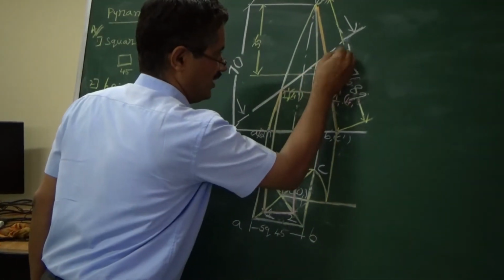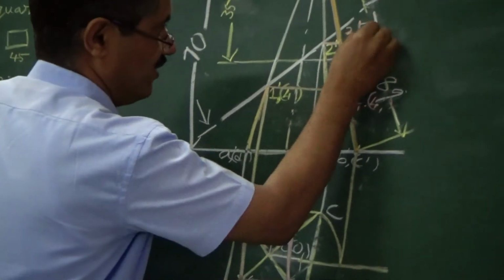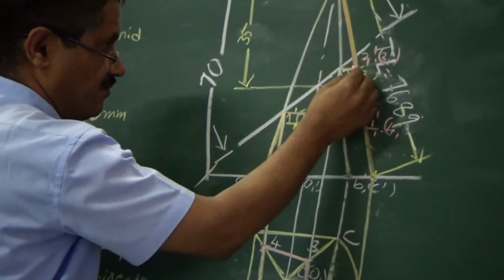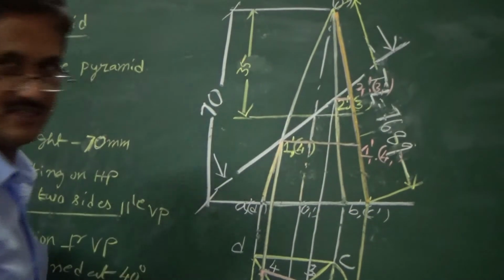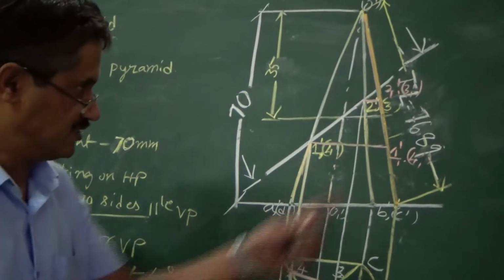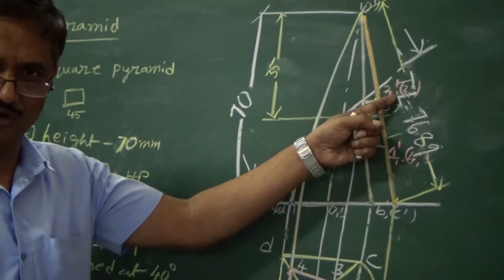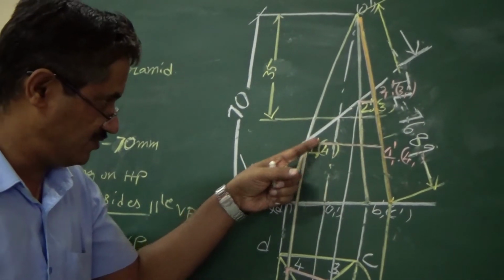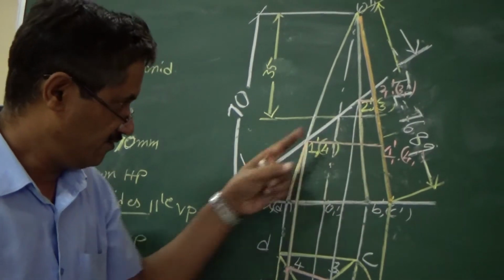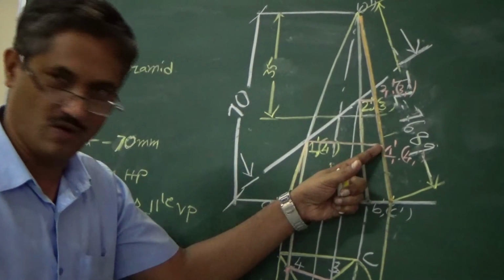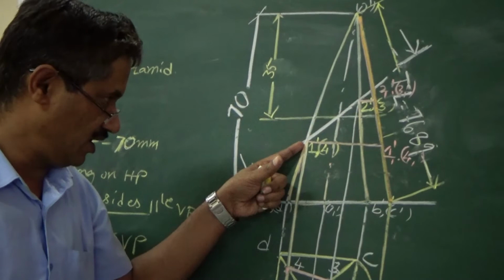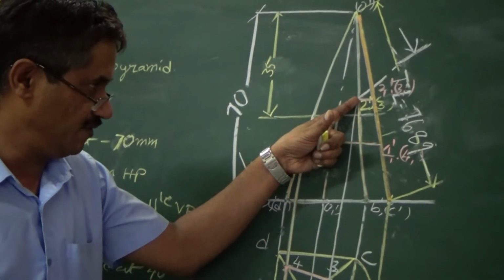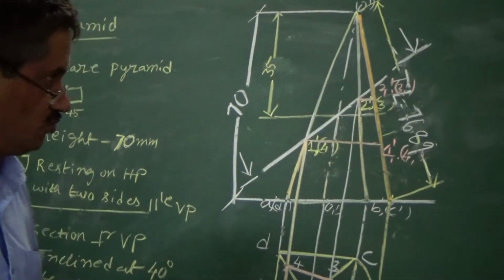So I will get 2 1 dash and 3 1 dash in the bracket. Means all the distances I have to take from the true length, not from the respective distances. This is very important. If you don't do this, your problem will become wrong. So what you have to do is draw a horizontal line from the section points to the true length line. Here we are drawing now to 1 and 4. That 1 and 4 I am representing here. We are drawing from here to here. So that is representing 2 and 3.